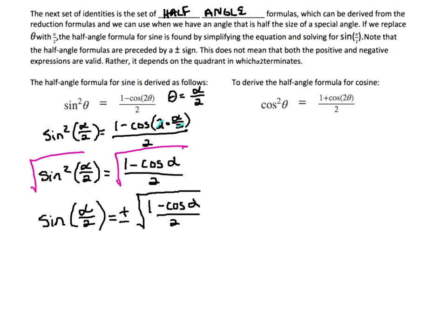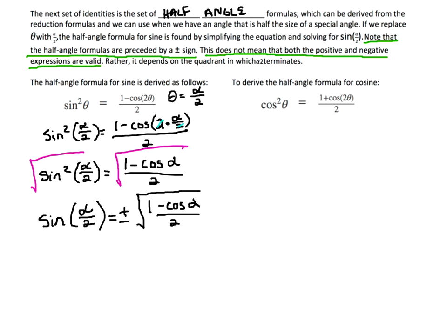Now, let me point you back up to this paragraph. It says, note that the half angle formulas are preceded by a positive negative sign. This does not mean that both the positive and the negative expressions are valid, like if we were solving a regular equation.